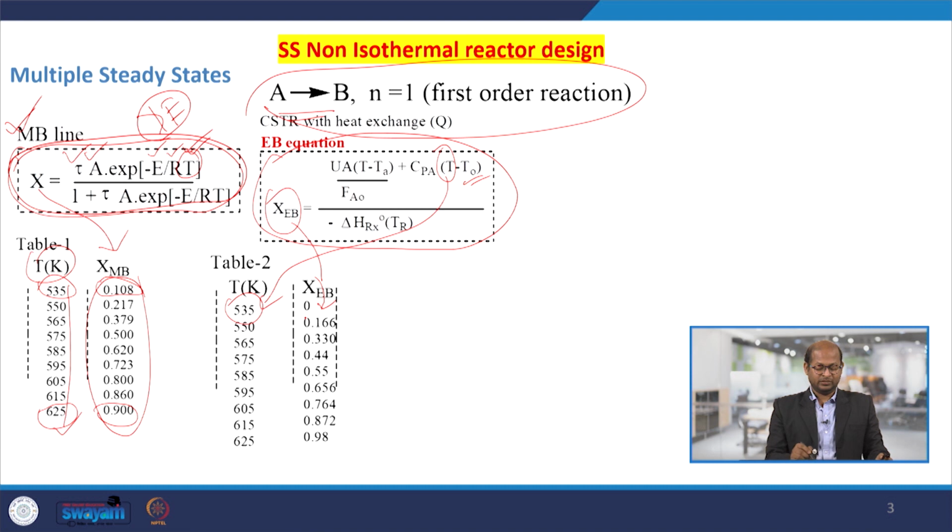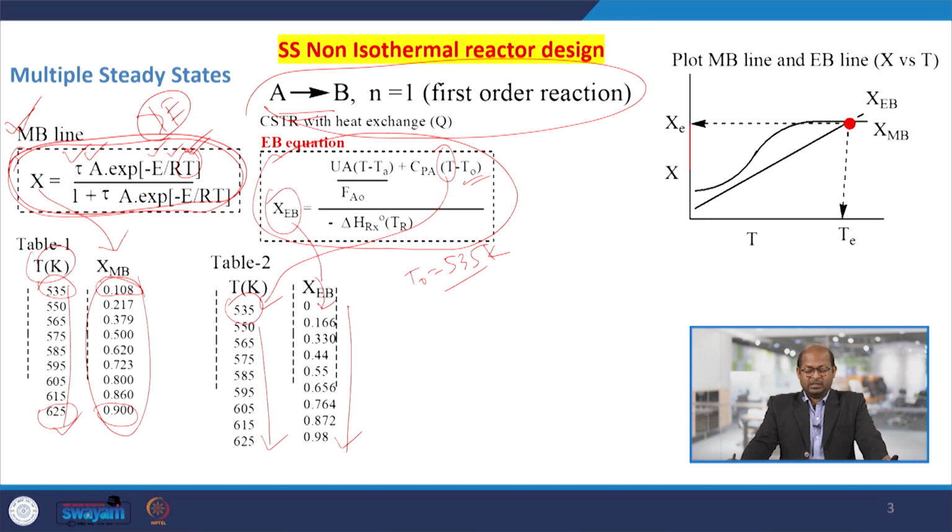If T0 is 535, then it would be 0. If we increase gradually this way, then the conversions from the energy balance equation will come out like this. If we plot them, this type of plot will come, which we also discussed in your last class.